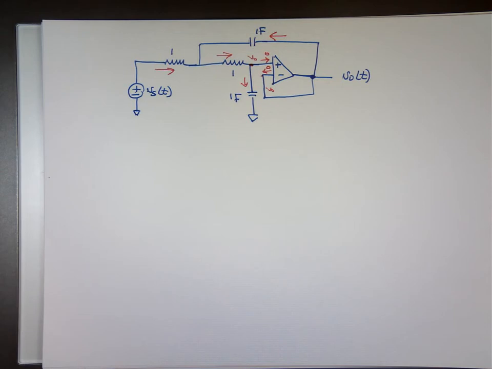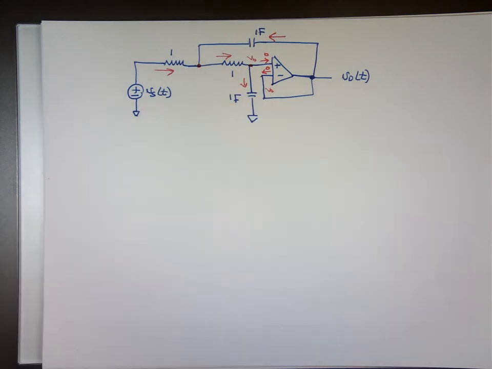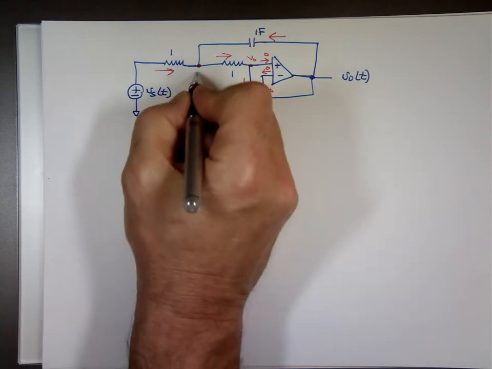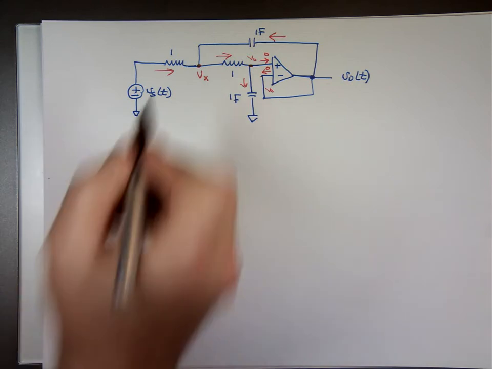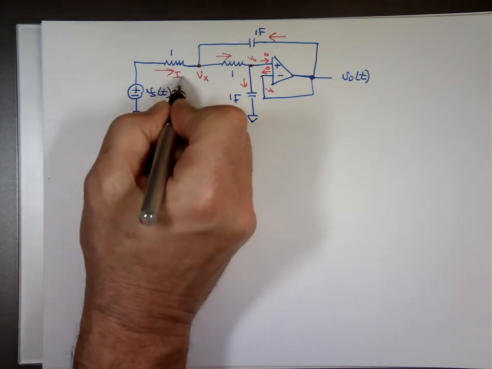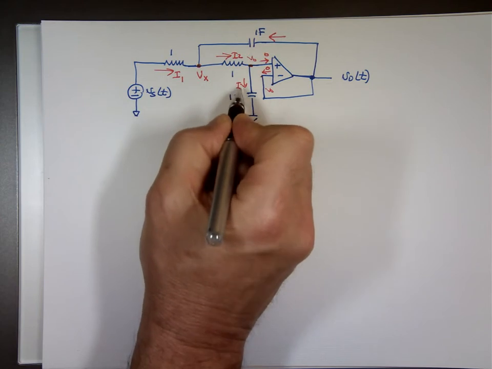You're just guessing. We're not sure what the voltage here is. Nobody knows what that voltage is. Let's call it Vx. Let's give them some numbers. This is I1, I2, I3, I4.